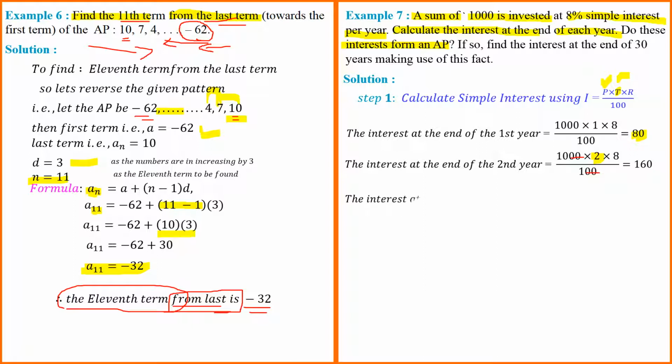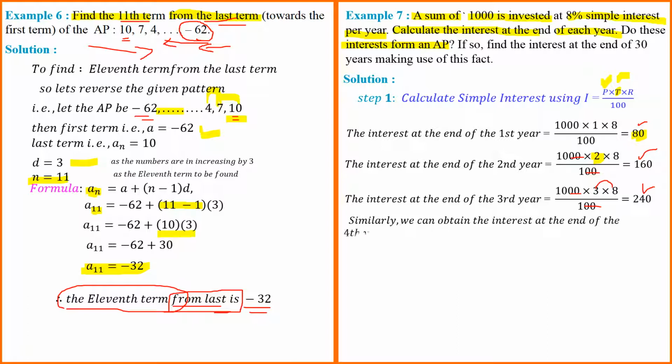Then for the third year, I multiply 80 into 3, it's 240. Again 2 zeros get cancelled, 3 into 8 is 24, 24 into 10 is 240. Similarly, we can obtain it for any other years like 4th, 5th, 6th.